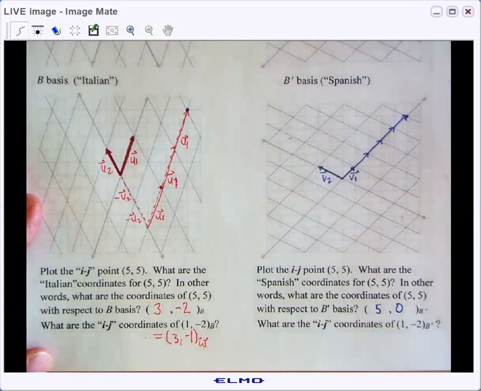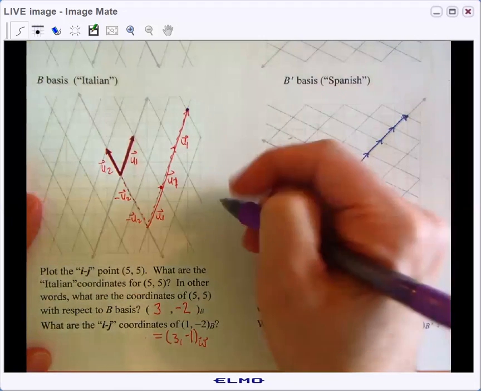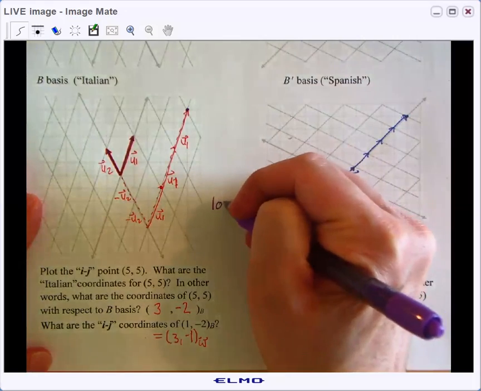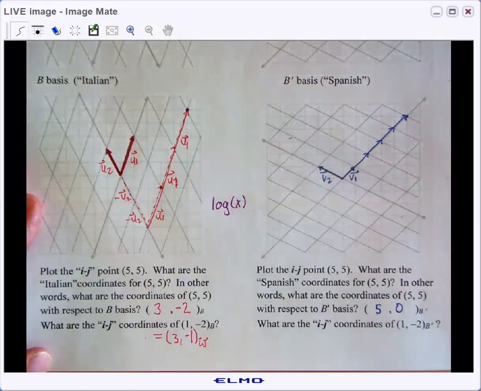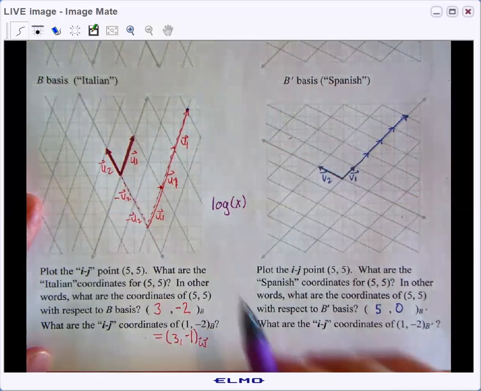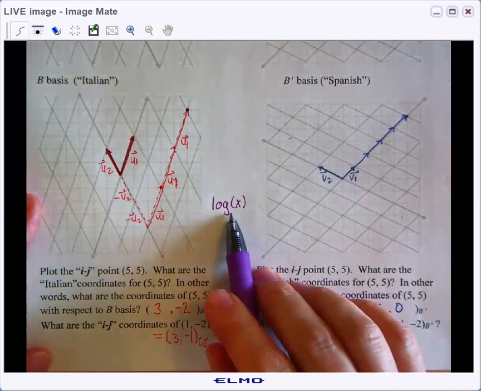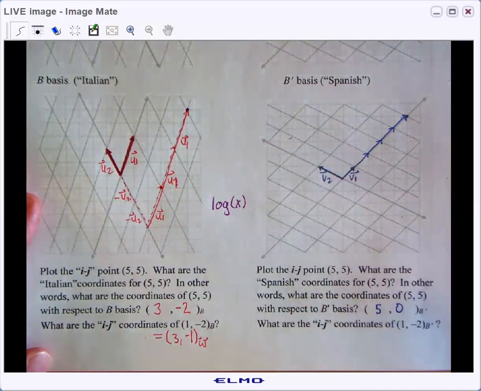Okay, and so you've got to pay attention to what basis we're talking about here. As a little side analogy, if I just say log of x, we understand that it means log base 10 of x, even though I don't write the 10 there.